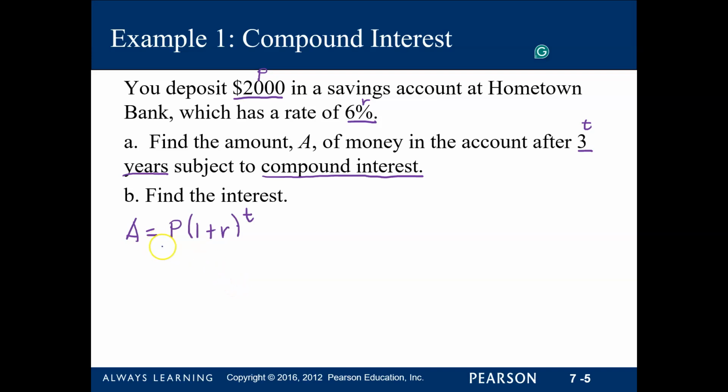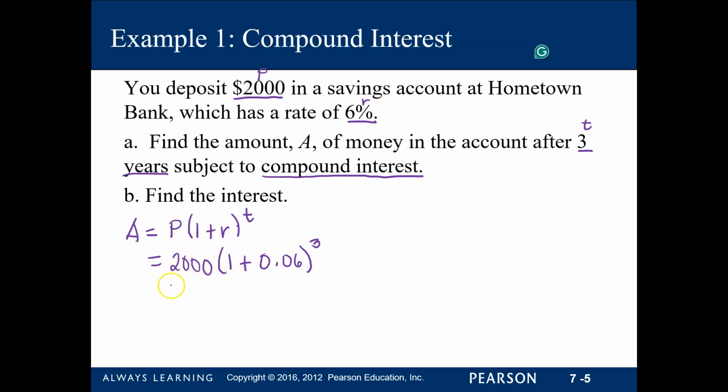So let us find the A. The P, the deposit, is 2,000 times (1 plus our 6%, which is 0.06), and the time is 3 years, exponent of 3. The nice thing about this is that if you follow the formula, if you identify what P, what R, what T, or what A is, it's so easy to work with it on the calculator.